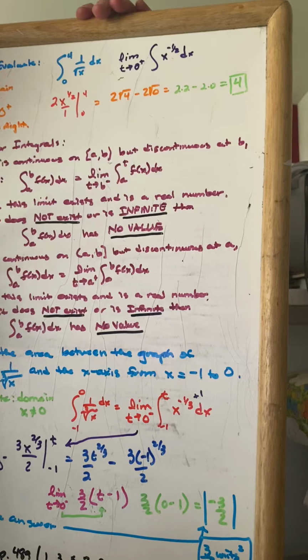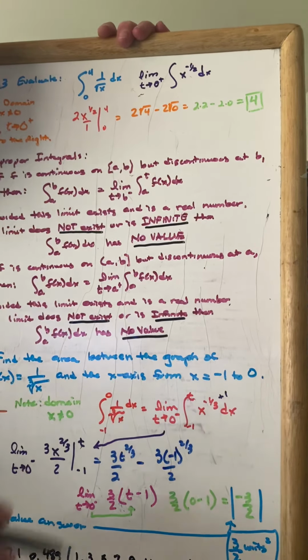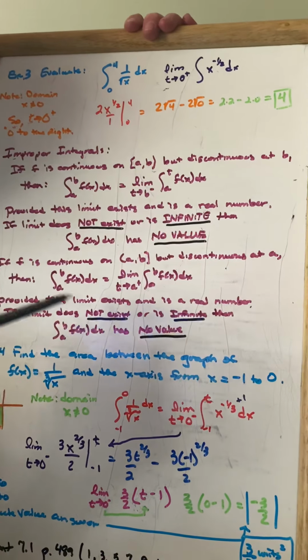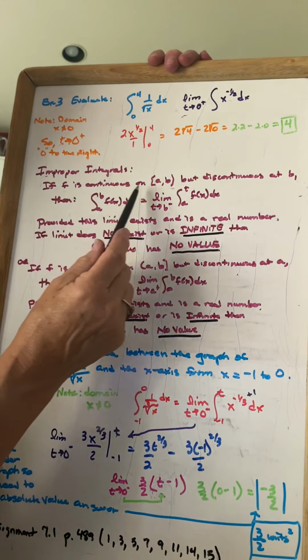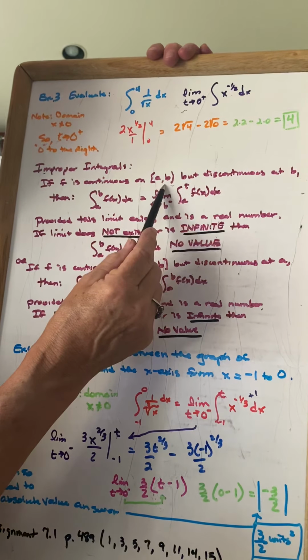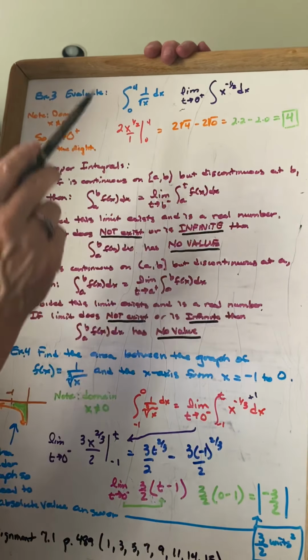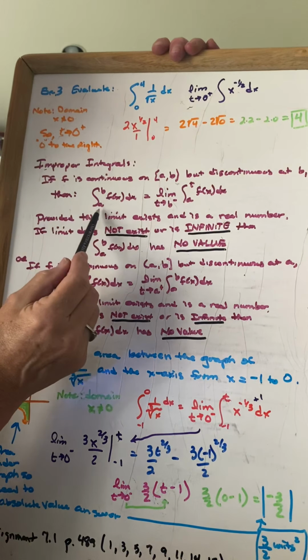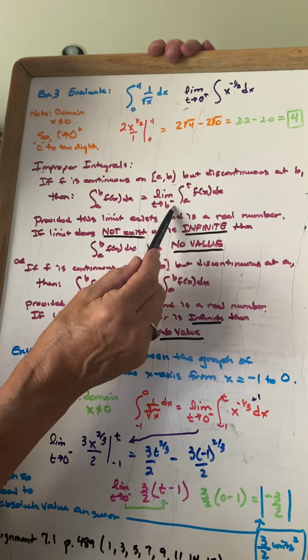All right, so what's another way of stating this, is if it's coming from the directions of left and right, they like to make a definition of that. So an improper integral: if f is continuous from bracket a, comma, to b, parentheses, but is discontinuous at b, so this is if it would have been discontinuous at the top number, then the integral of a to b of f of x dx is the limit of t going to b from the left.